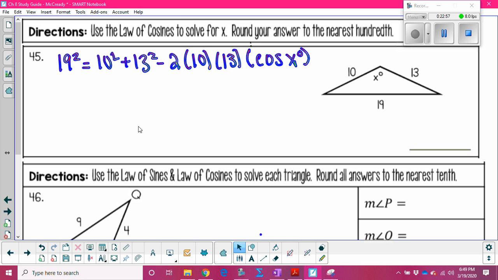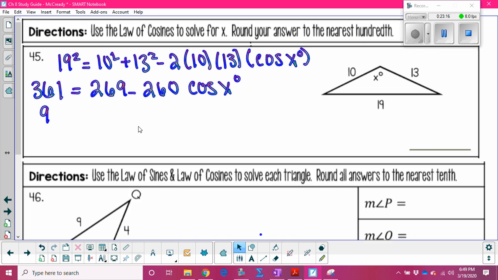We have that 19 squared is 361. 10 squared plus 13 squared is 269, minus 2 times 10 times 13, which is 260, times the cosine of x degrees. I'm going to subtract 269 from both sides, so I get 92 equals negative 260 times the cosine of x degrees.